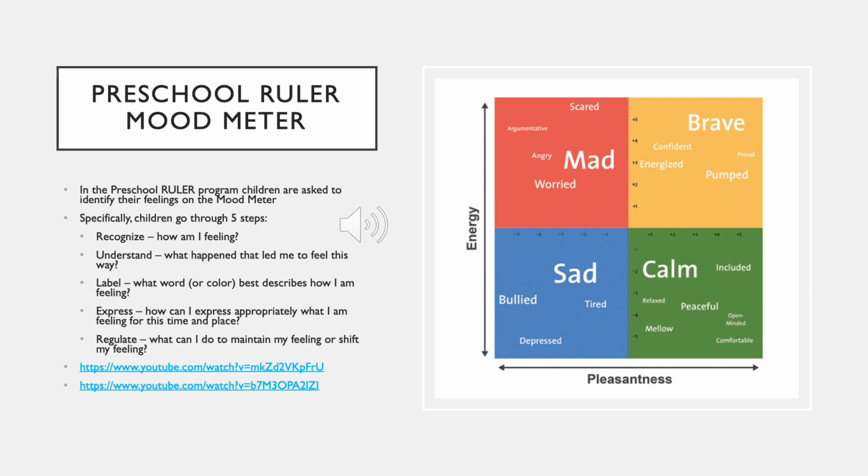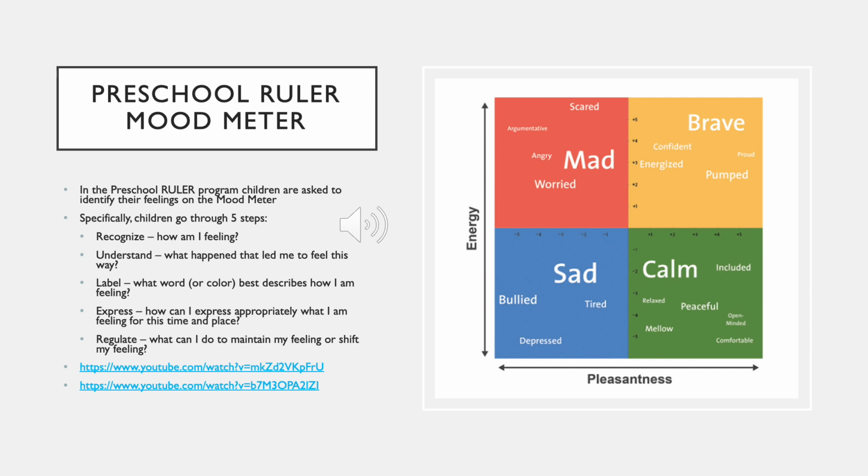So my temperament, my understanding of what happened that led me to feel this way. It could be related to my own personal temperament, my developmental stage, or my social environment. There might be something stressful happening to me, and this has led me to feel worried or angry or pumped up or proud. So I have to think, how am I feeling?